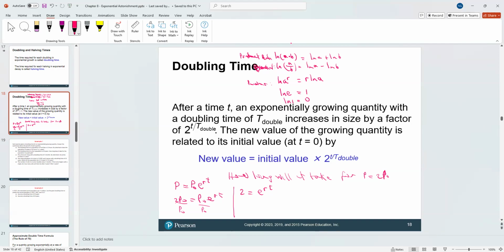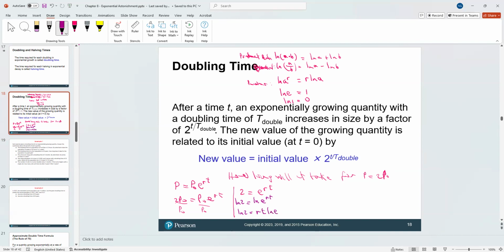Those are very important to keep. Now, if we take the ln of both sides, because when we want to solve for an exponent we can take the ln of both sides, ln 2 stays ln 2, but here we can bring the rt to the front, and then ln e.